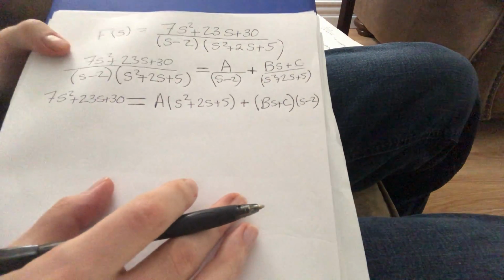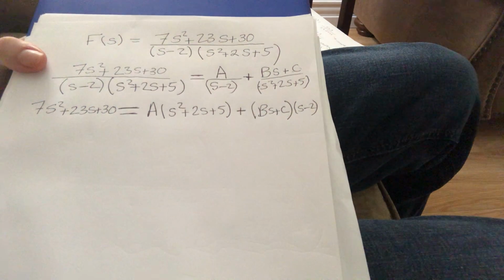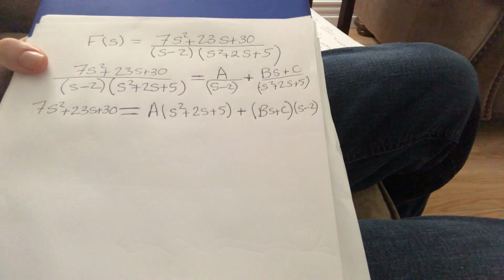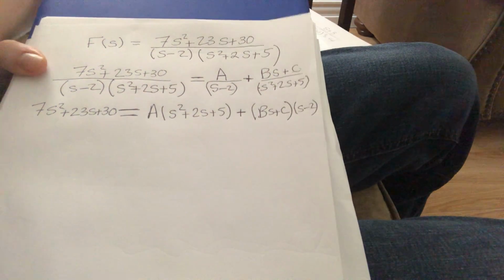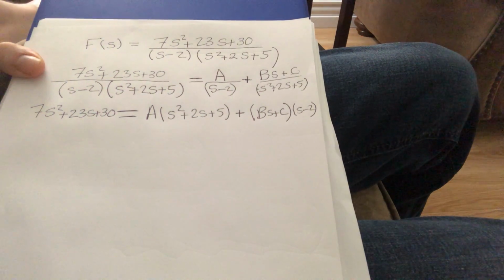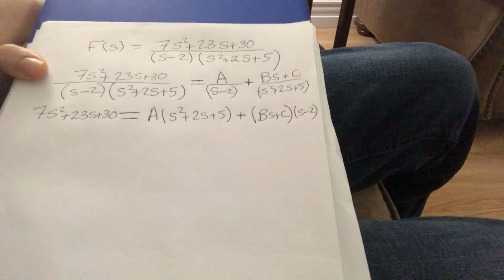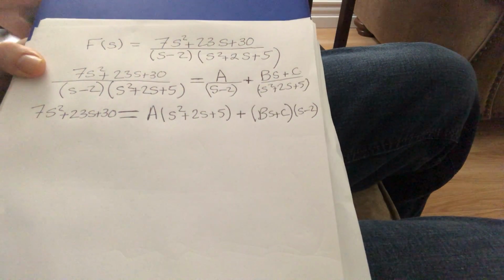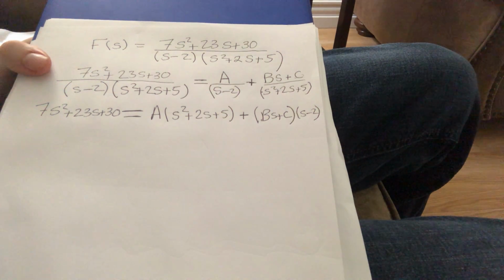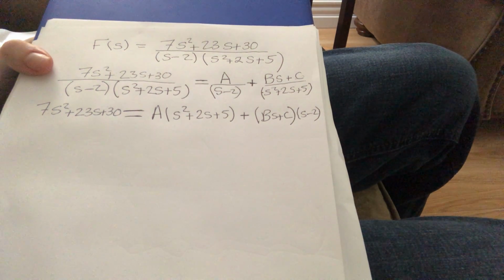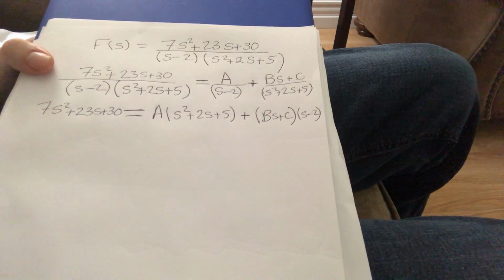If you look at the answer I did, in the answer I compared coefficients to find the value of a, b, and c. I ended up with a being 8, b was -1, and c was 5. And I did it by comparing coefficients.